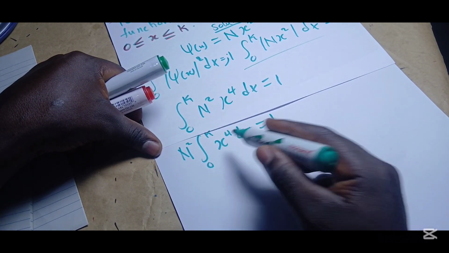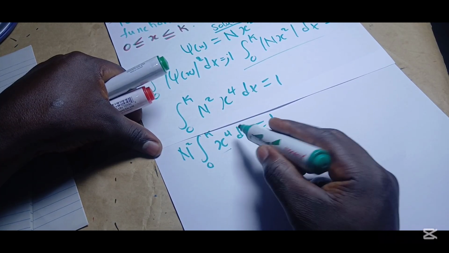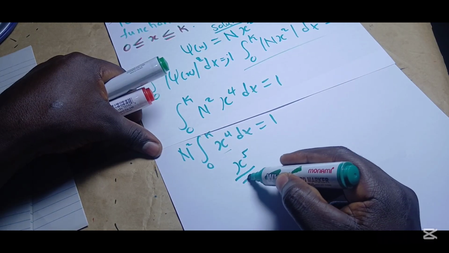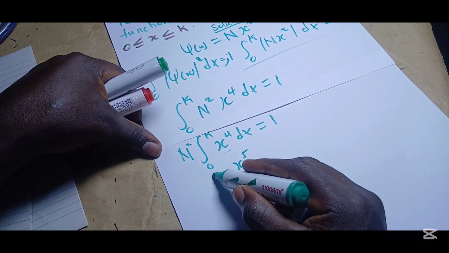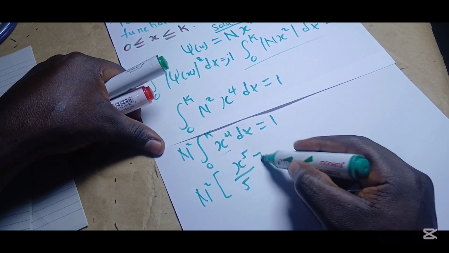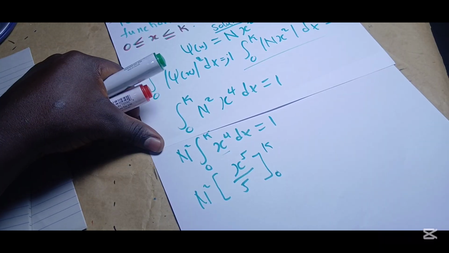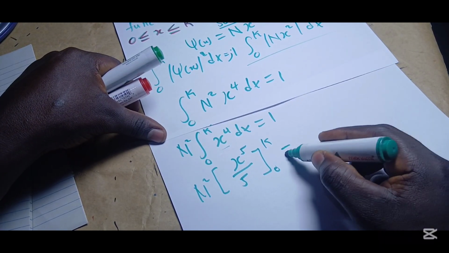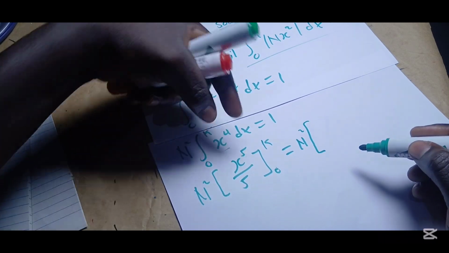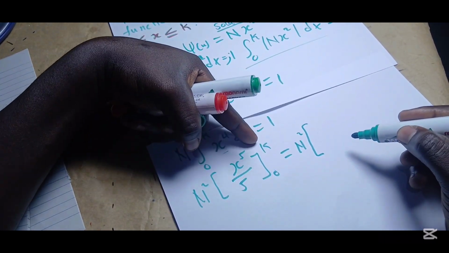Now, let's integrate this term. So 4, the power increased by 1. So x to the power 4 plus 1, 5, all divided by 5. Don't forget, we have a constant here, n squared, multiplying. So now the interval from 0 to k, indicate them here. So this should be equal to n squared multiplying. We first put in our upper limit. Wherever we see x, we put k there.